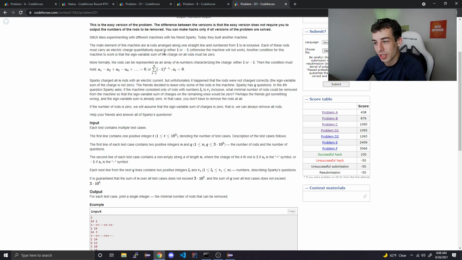Another condition for the machine to work is that the sign variable sum must charge on all rods. Oh, sum of the charge. Okay, so you got a bunch of ones and zeros. The sum of them is 0. More formally, the rods can be expressed as an array of n numbers where the sum is 0. Okay, yep, this is... What? Oh, what?